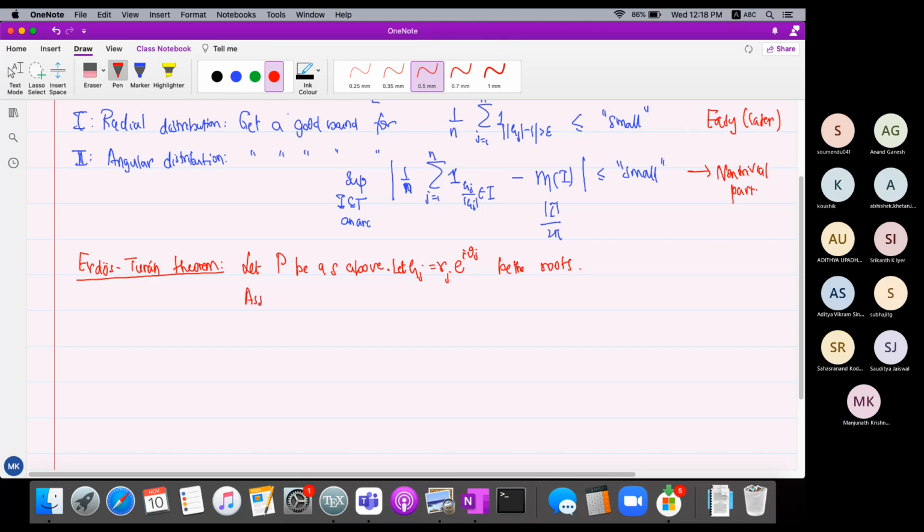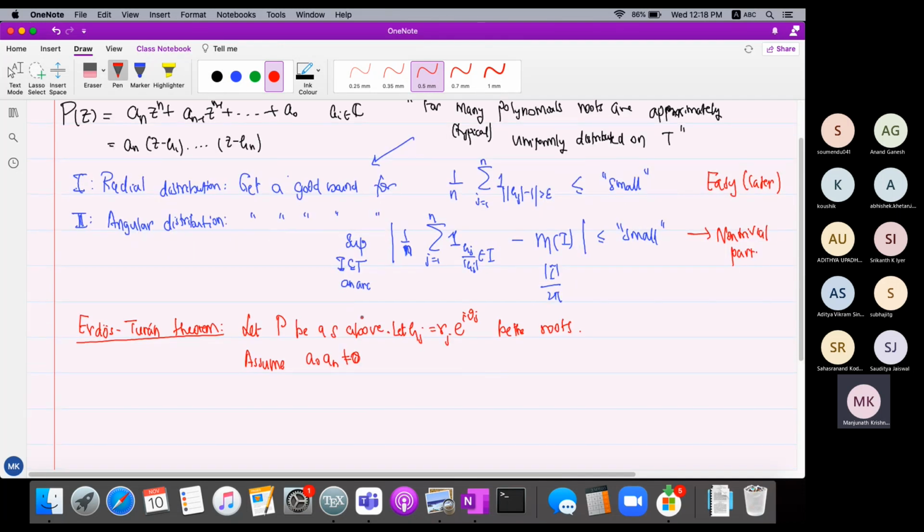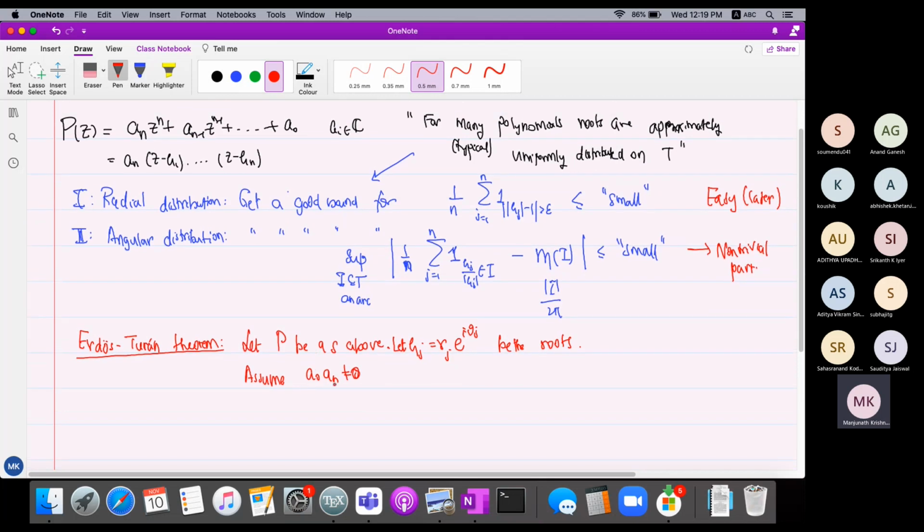Assume that a0 and an are not 0. I will assume that P is actually of degree n, and also the constant coefficient is not 0. It's not a serious issue, but let's assume that. The way the bound is written will use that.